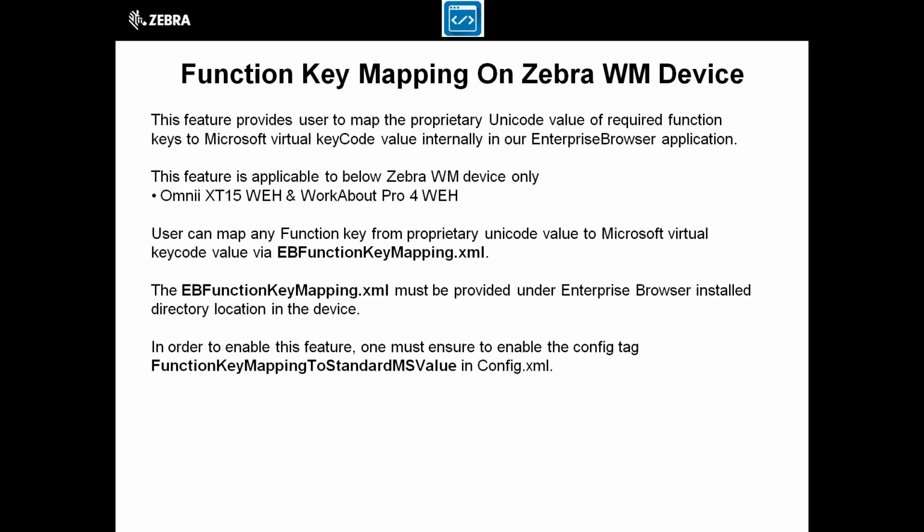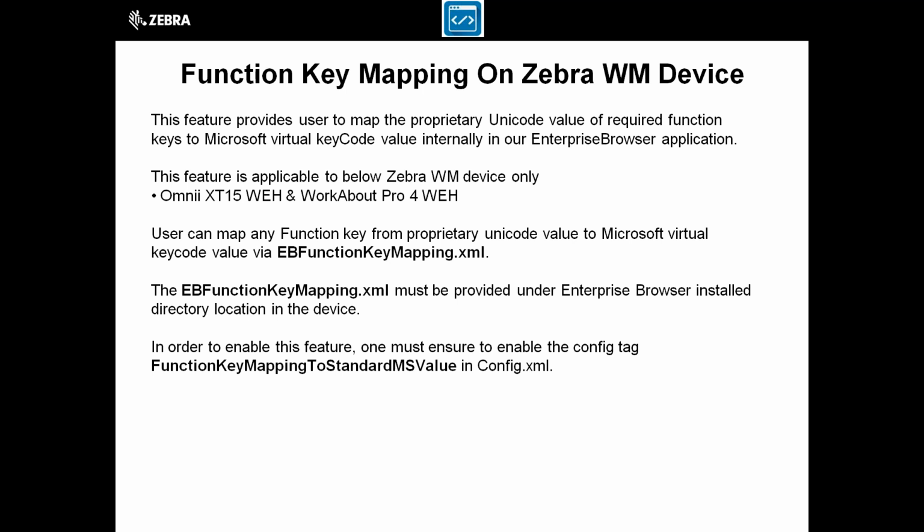If this is enabled and EB function key mapping.xml is present in the device with the proper syntax, as defined in our online document under the template 1 and template 2 sections of the function key mapping online document, then the user can observe that on the XT15 WEH device and Workabout Pro 4 WEH device, when any function key is pressed, it will return the mapped value.